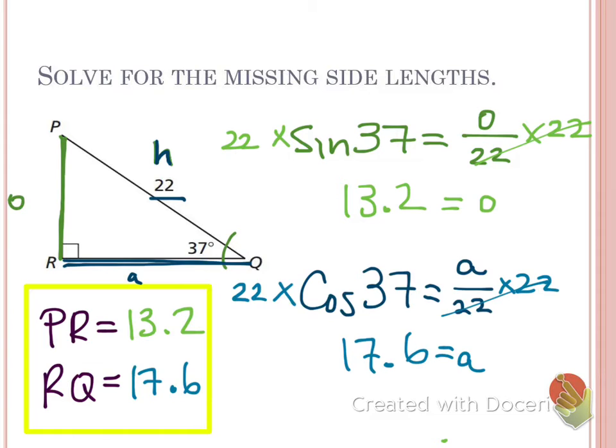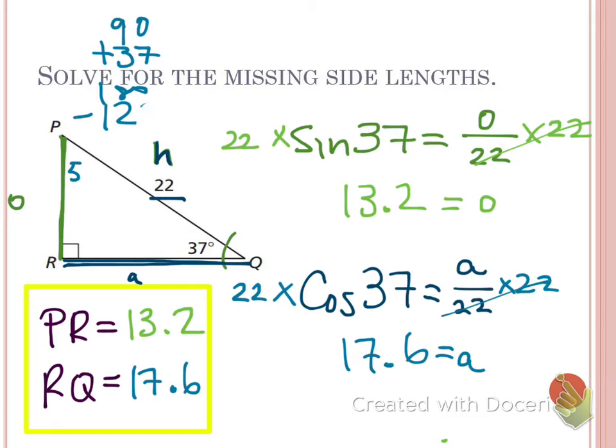Do you know enough about the angles inside of a triangle to find the measure of angle P? We do. What do you know about the three angles in a triangle? They add up to 180. So you have 90 and 37, which is 127. Subtract that from 180. What's the measure of P? 57. Nope, 53.